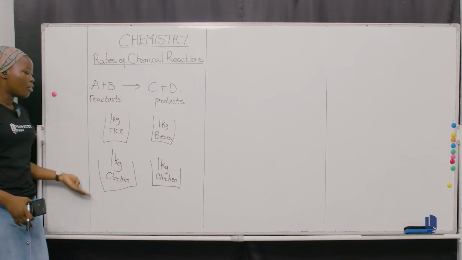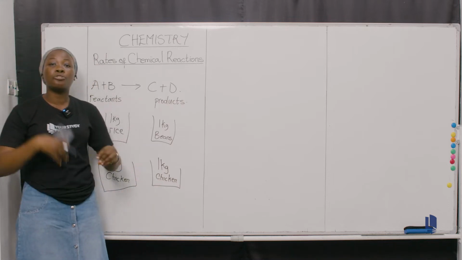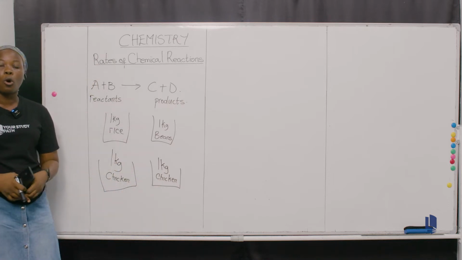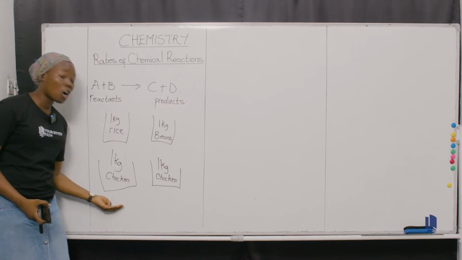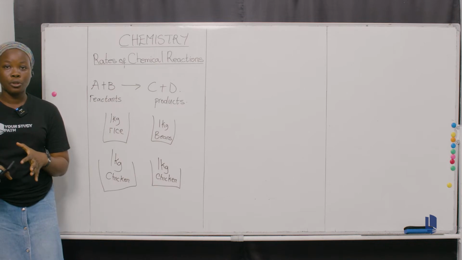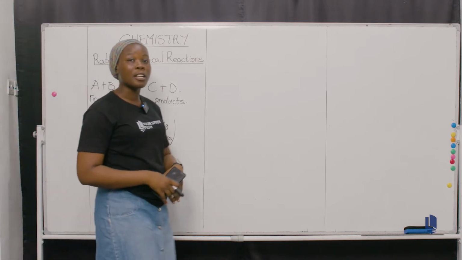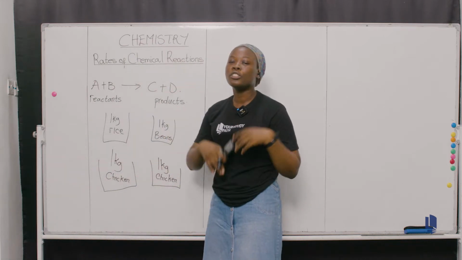Why? Because the rate of reaction differs. Unlike this, the rate of deterioration would occur speedily. But because the other is introduced to an atmosphere of low temperature, the rate would reduce. That means we've established the fact that rate of reaction differs.